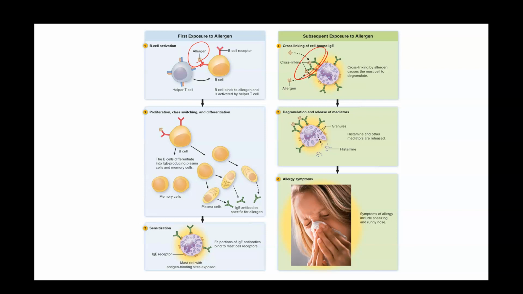We're bypassing all of that because those IgE antibodies are already on the mast cells. So of course the classic response to allergies is to take an antihistamine, because antihistamines counteract the molecular mechanisms of histamines.